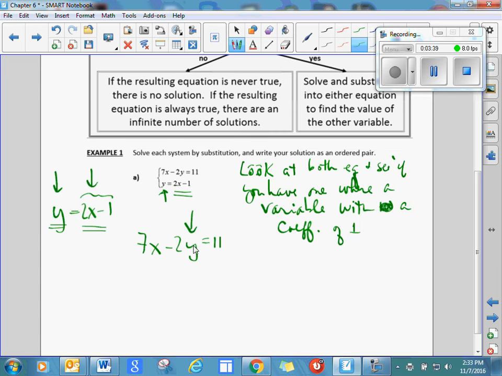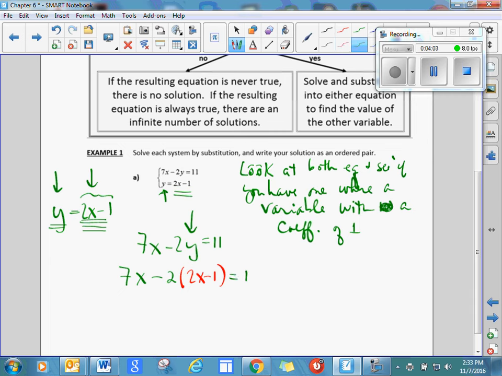I'm going to substitute the other side of what y really equals and put him in place of y. So when you do that, you get 7x minus 2, and now instead of times y, I'm going to write this as 2x minus 1. This is replacing or substituting for y.